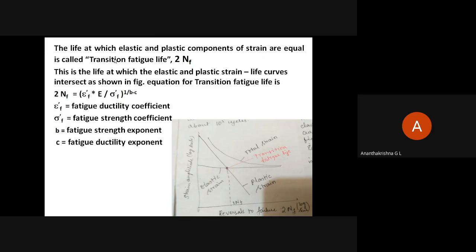Please note down what is transition fatigue life, what is the equation for transition fatigue life, and the description for each of these components.